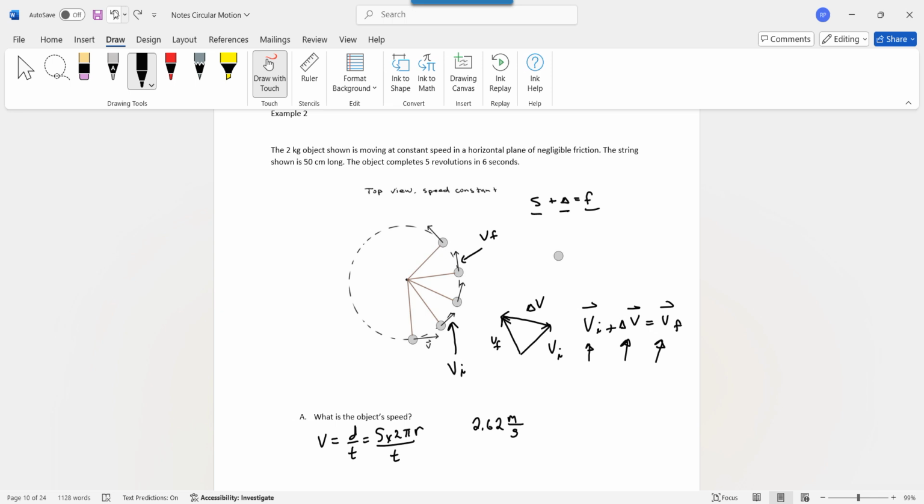You can't effectively push anything with a string. If you take some yarn or a piece of twine and try to straighten it out and use it like a pole to push something, it does not work very well. But they can pull very effectively. So at this location, that string is pulling this way. In my free body, my tension vector looks something like this.